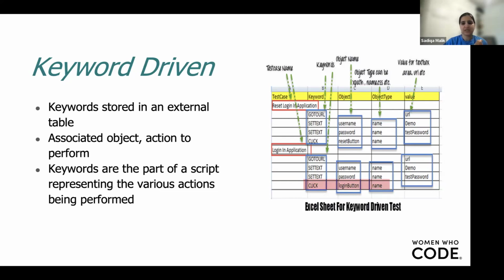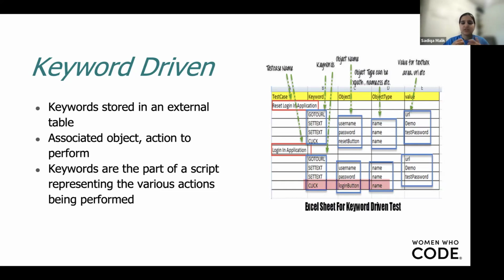Either you could set it in the keyword's name or you could have a separate column where you define what action needs to be performed. So the biggest disadvantage of the keyword-driven framework is that it gets very difficult to maintain as your application grows. Imagine you have like 5, 6 pages in your application where you're navigating and performing actions.